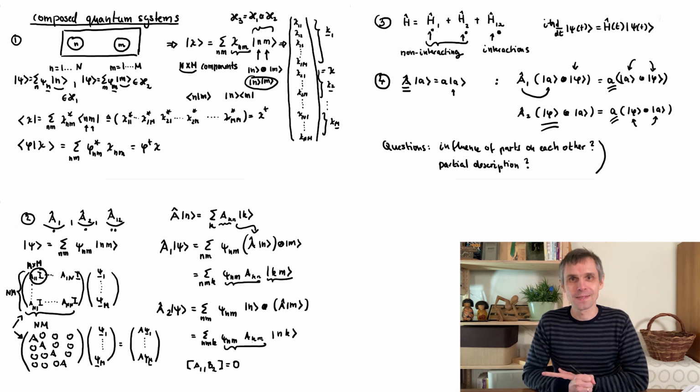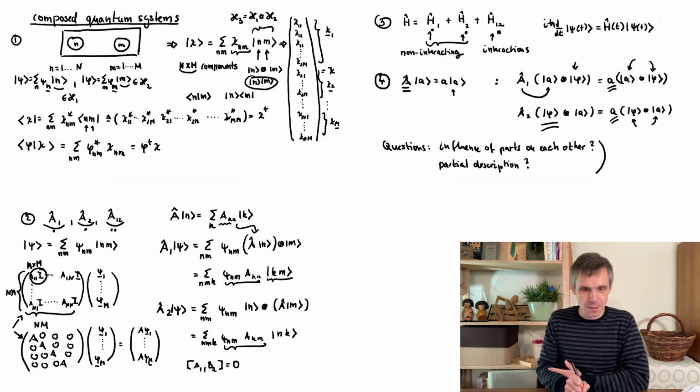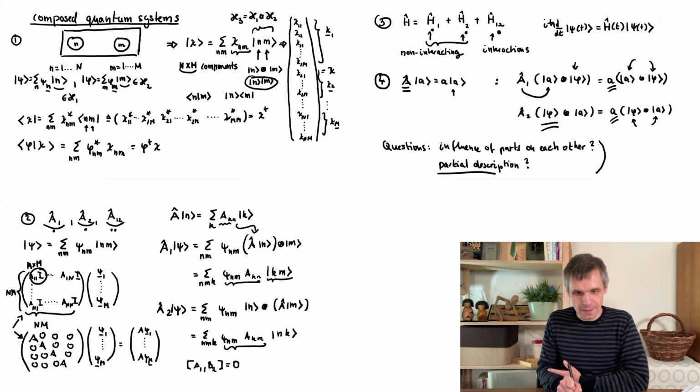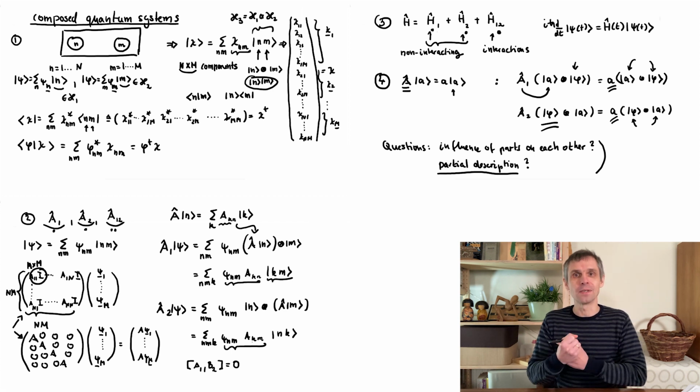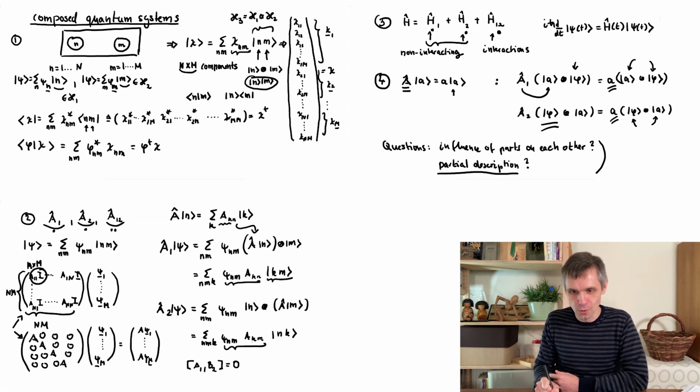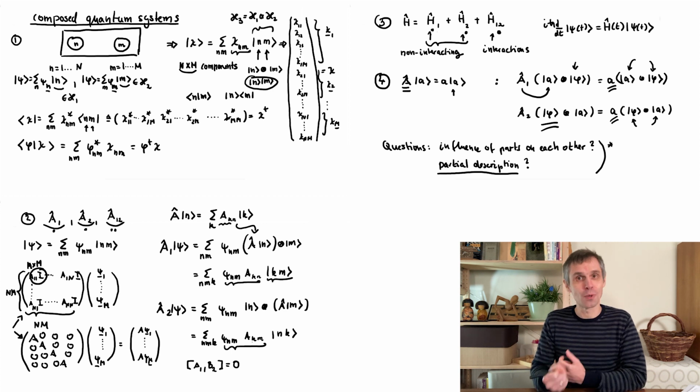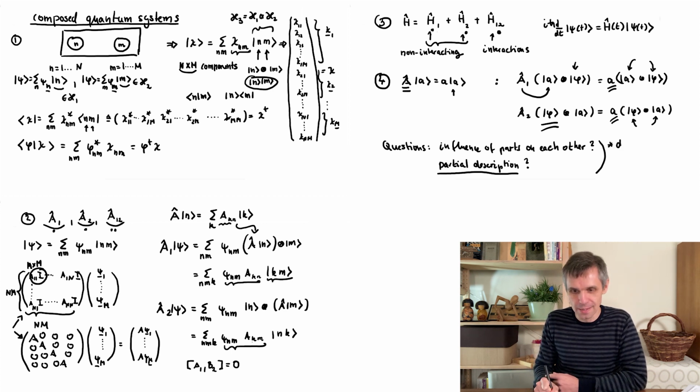Now, the answer to this is twofold. If we make observations on just a part of a quantum system, then we can still completely describe this by introducing a more general notion of a quantum state, and this is known as the density matrix.